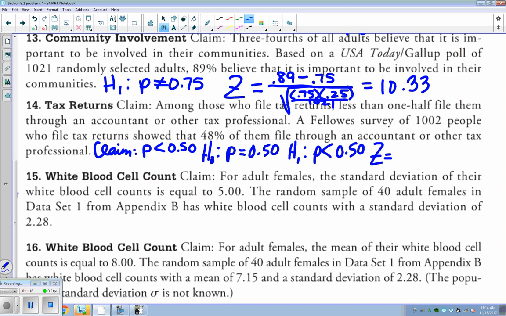So I'm going to write 0.48 minus 0.50, all divided by, and I'm going to write P times Q. What was P? 0.5 times Q, which has to be 0.5. Then I'm going to divide by N. N was the number of people I surveyed, which happens to be 1,002.